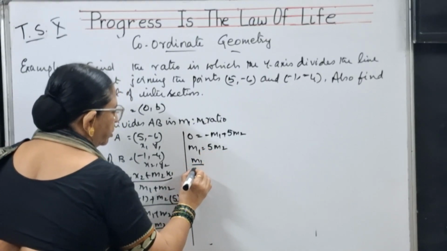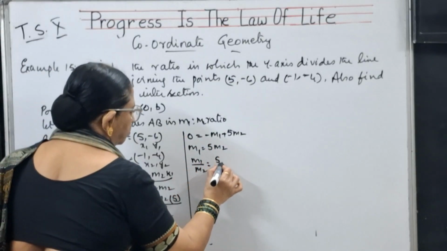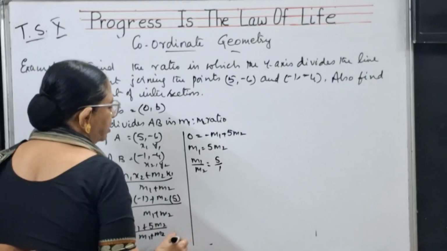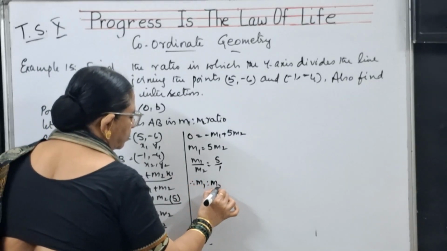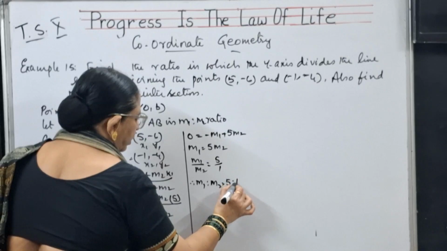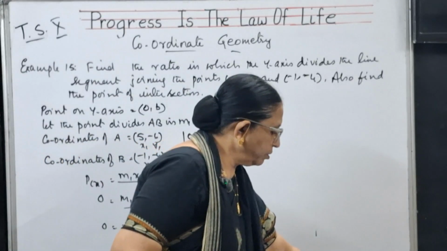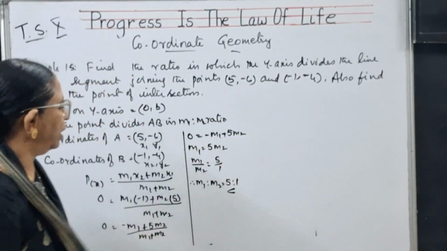So m1 by m2 is equal to 5 by 1, because from here no number means 5 by 1. Therefore, m1 is to m2 is equal to 5 is to 1.